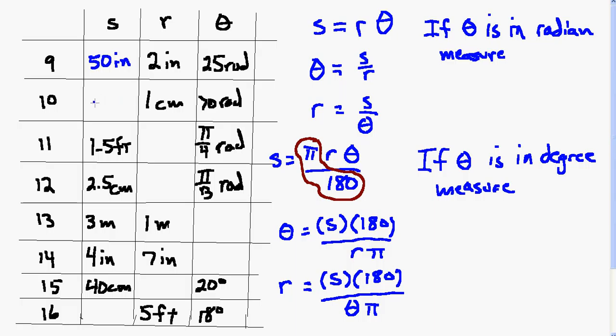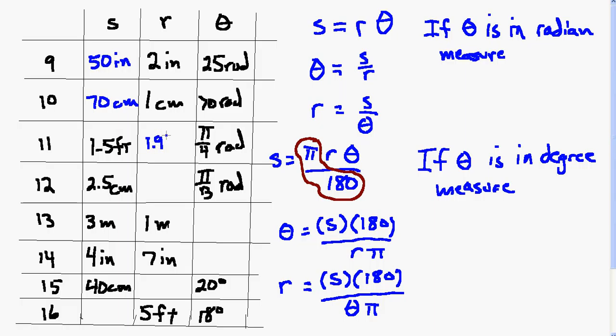Okay. Here I'm looking for radius, so that's going to be S divided by theta, so 1.5 divided by pi over 4. That gives me approximately 1.91 feet.